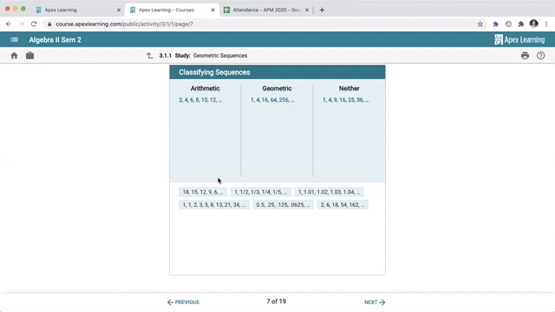Again, the difference that I mentioned earlier: the easiest way to figure this out is to look at the terms and make sure that whatever pattern you think you are noticing, whether it's add 2, multiply by 2, multiply by 5, divide by 2, you have to make sure it's consistent amongst all of the values here. So that's going to be hopefully pretty helpful.